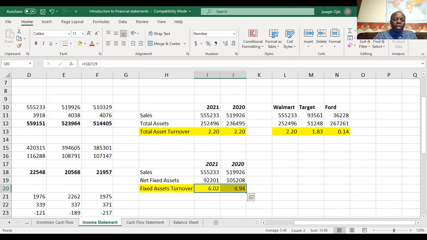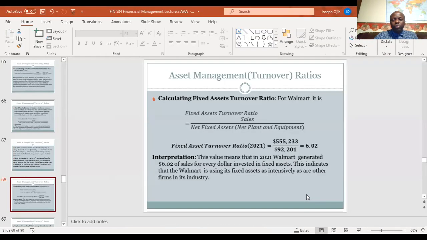I have it explained more here in the PowerPoint. So there's an improvement between 2020 and 2021. See, $6. So this value means that, like I said, Walmart generated $6.02 of sales for every dollar it invested in fixed assets, which is good.